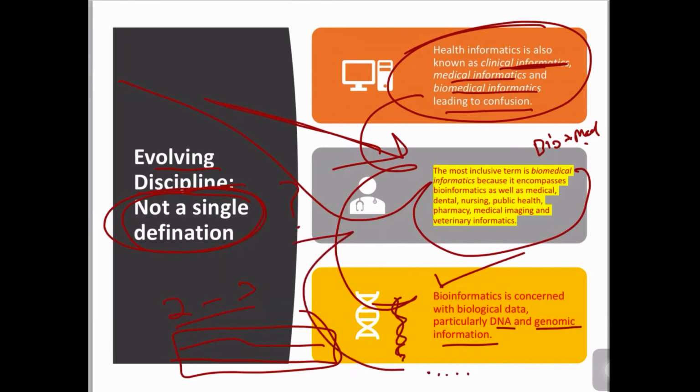However, biomedical healthcare informatics is at a broader level. That's the difference between bioinformatics and healthcare informatics. As you read chapter 1 from your book, it will be very clear with these definitions, how the things are defined.